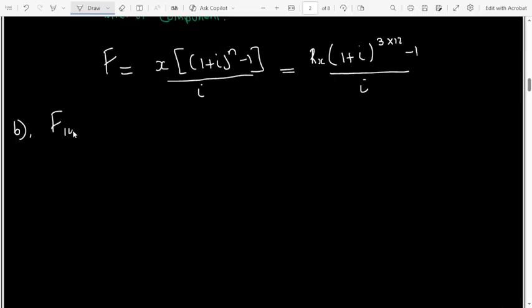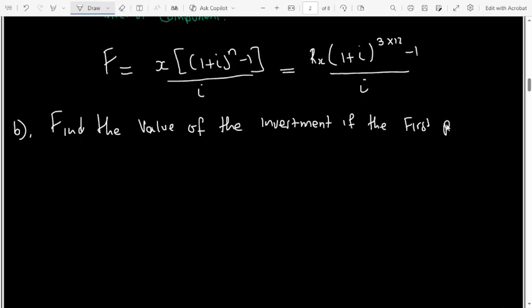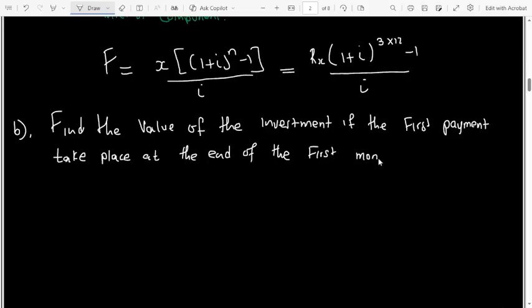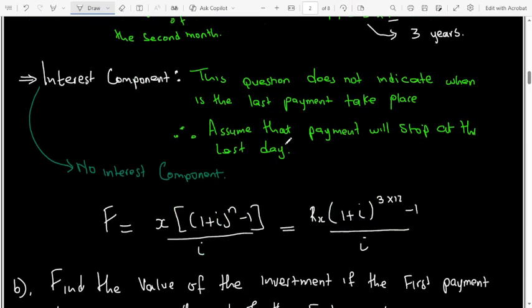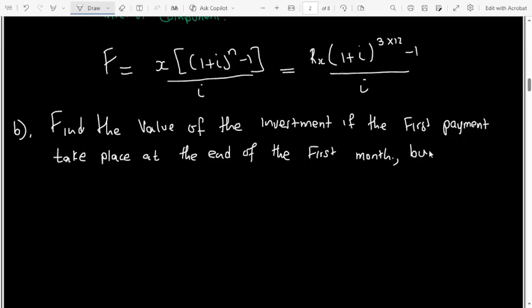Let's find the value of the investment if, let's say, the first payment takes place at the end of the first month, which is the same one that we were working on, but this time they add that the payment stops.